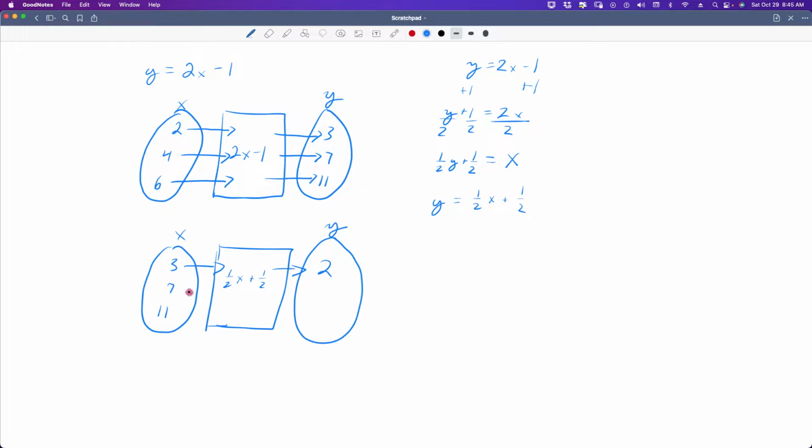Okay, 7 in here, that'd be 7 over 2, plus 1 over 2 make that 8 over 2, that would give us 4. 11 in here would be 11 over 2 plus 1 over 2 be 12 over 2, that would give us 6.